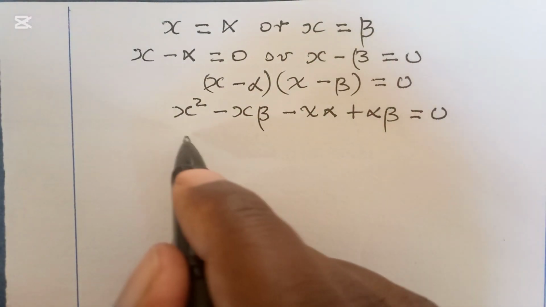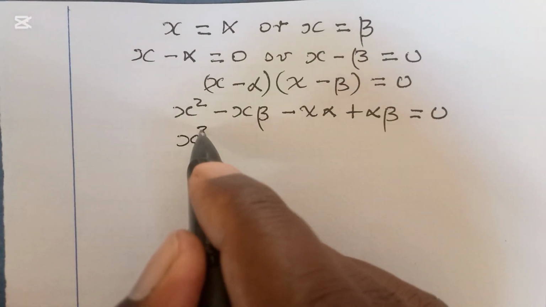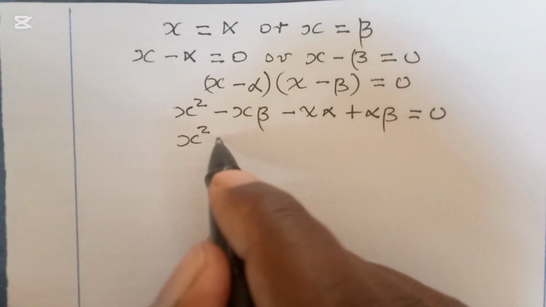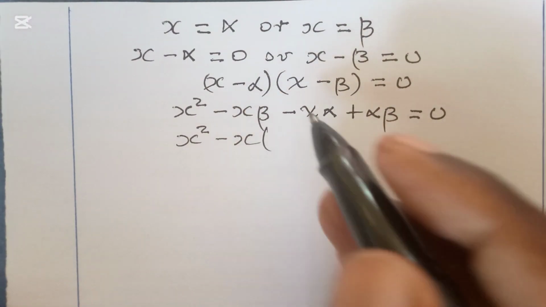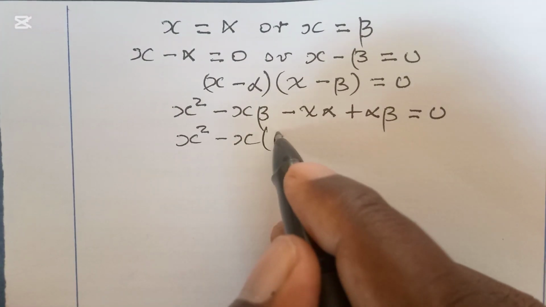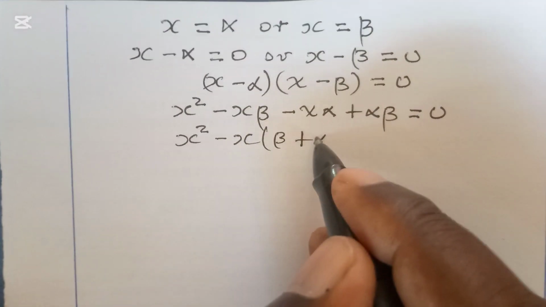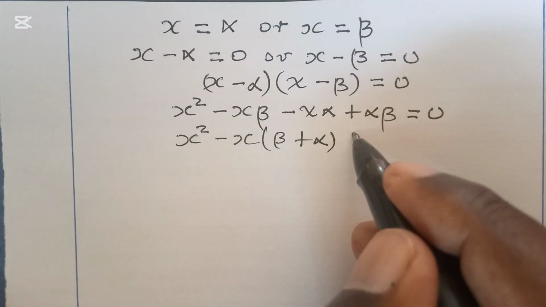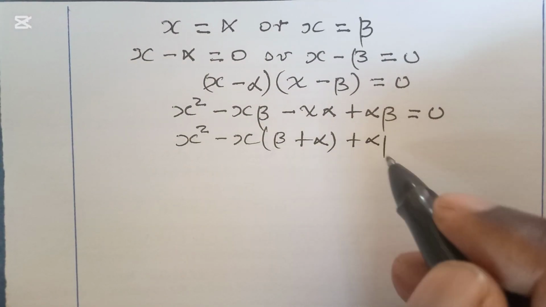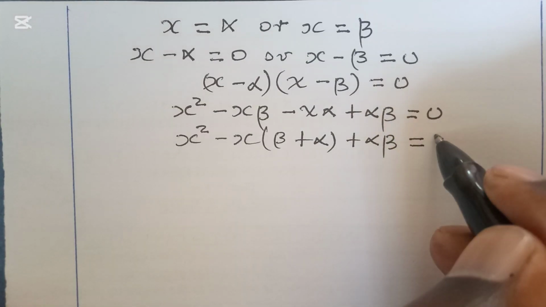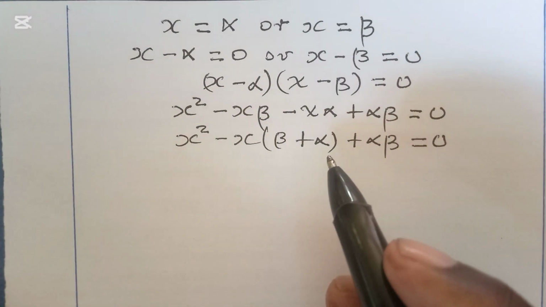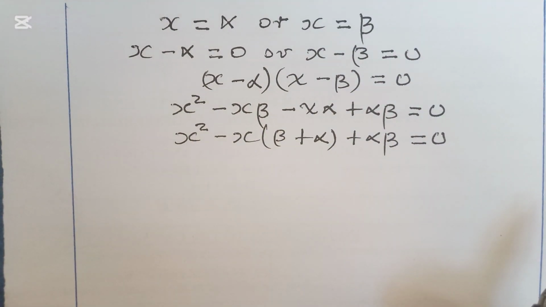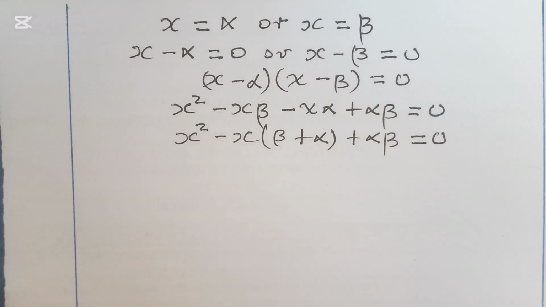So therefore, you can say x squared minus x, I factor out x, I'll be left with beta plus alpha, plus alpha beta equals to 0.